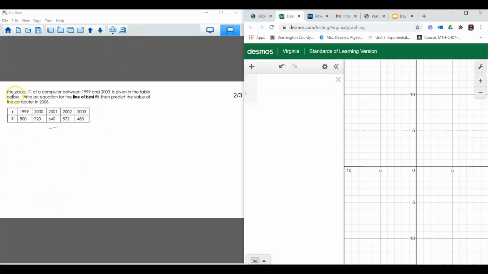In this example, it says the value V of a computer between 1999 and 2003 is given in the table below. Write an equation for the line of best fit, then predict the value of the computer in 2008.